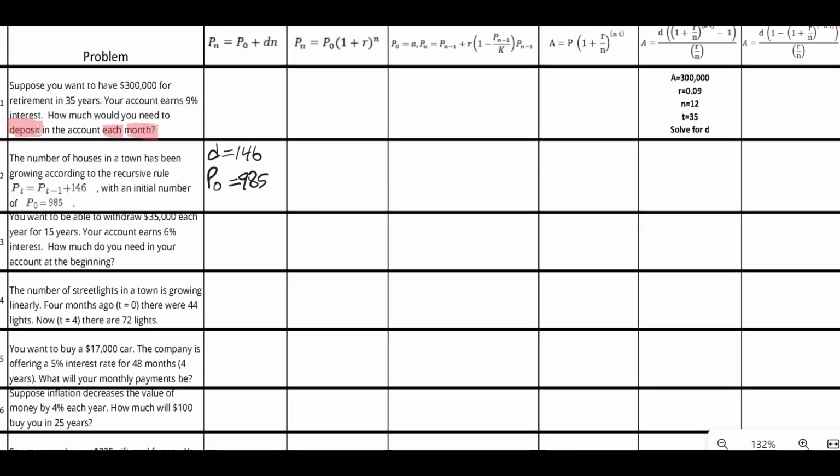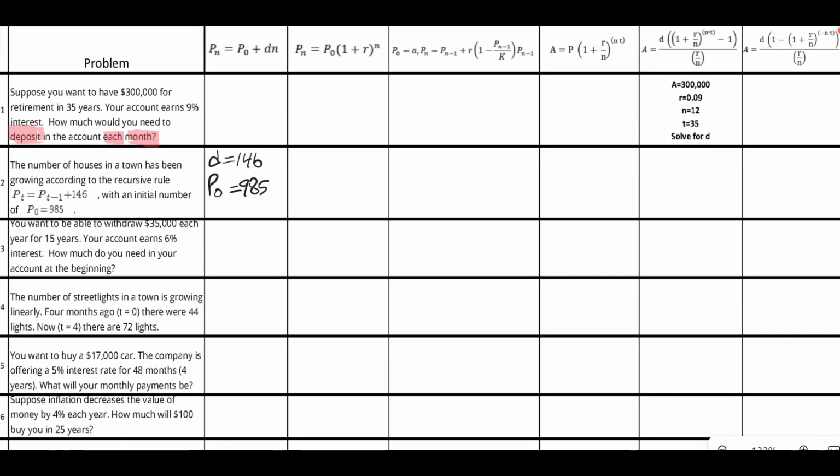Oh, sorry, I just moved the video like crazy. Probably make people car sick. The negative exponent. So this is the periodic deposit or withdrawal with a negative exponent. So we want to withdraw $35,000 each year. So D would be the withdraw value. 15 years, that's T.